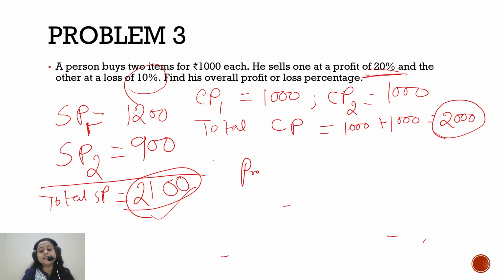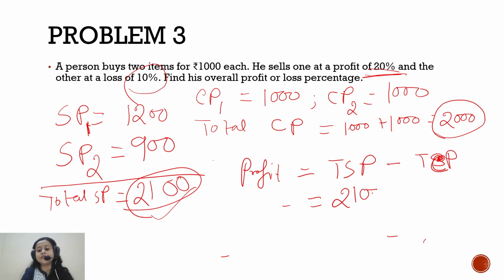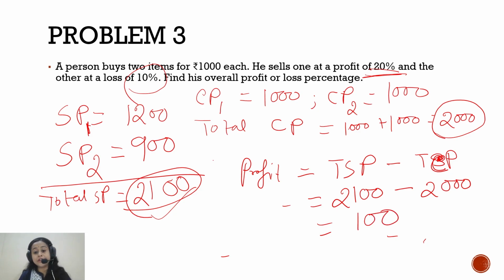So profit by selling both the items will be total selling price, TSP, minus total cost price, TCP. So total selling price is 2100 minus total cost price 2000. So 2100 minus 2000 is 100. So profit amount is 100.